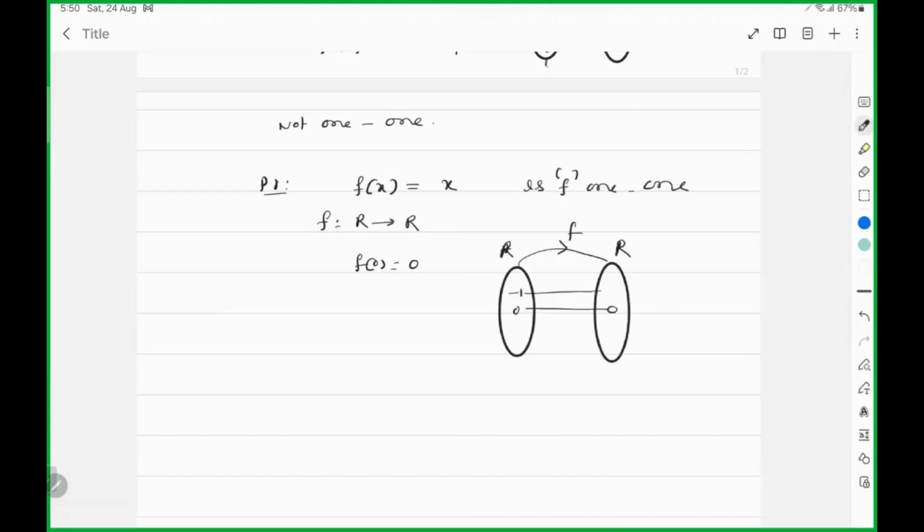Minus 1 has image minus 1. f of 1 has image 1. Elements are distinct, images are also distinct. Therefore, the function is one-one.